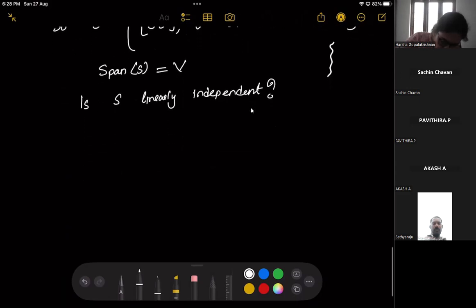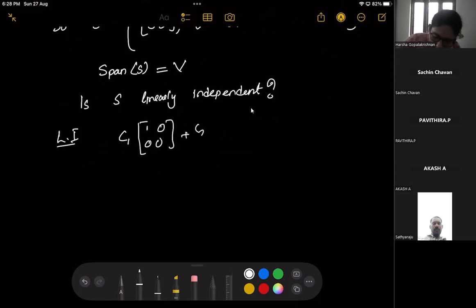If I am taking C1 into 1, 0, 0, 0 plus C2 into 0, 1, 0, 0 plus C3 into 0, 0, 1, 0 plus C4 into 0, 0, 0, 1, and I am equating this to the zero vector.